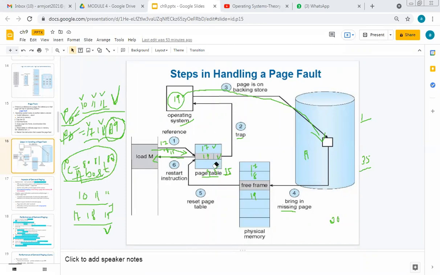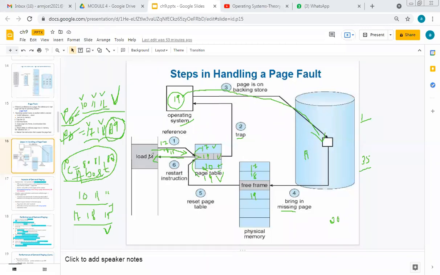I have to delete this 20 and load this 19, and 19 will become valid. If the page table size is 40, I can keep 20 as it is and newly add this 19, making it valid. Now these three pages are referred and given the successful data for operation.